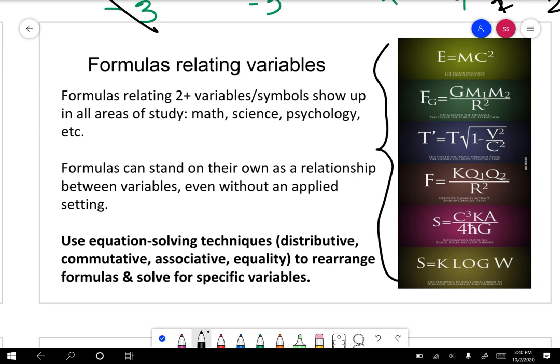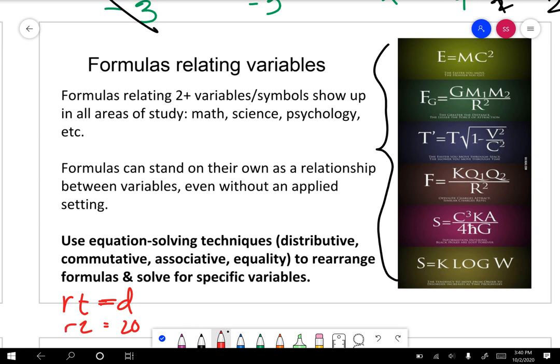Another common one that you've probably seen, I know you've definitely seen it in math because I remember going over it with you guys in 7th grade: rate and time gives us distance. So there are 3 variables, but let's say we had the time and we had the distance, but we didn't have the rate.